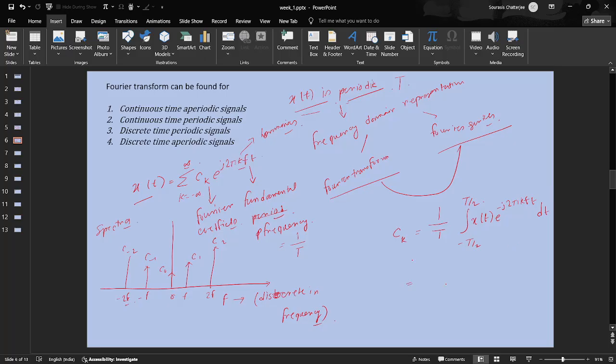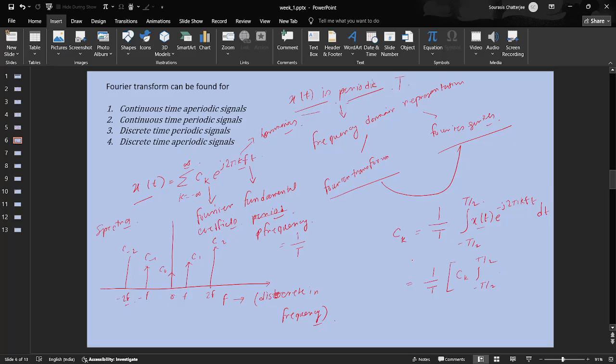So let's see what this comes out to be. This is 1 over T. You can see x(t) contains the kth harmonic, which has an exponential that is the exact complex conjugate of this. So these will cancel each other. So that would be c_k times the integral from minus T over 2 to T over 2. Fine. This is one term that corresponds to the kth harmonic in x(t).